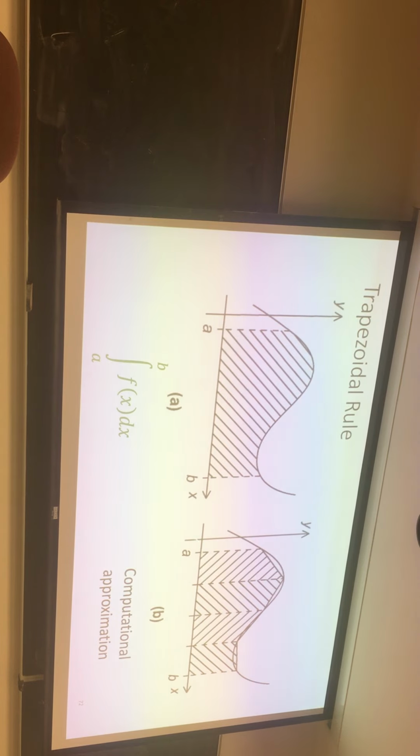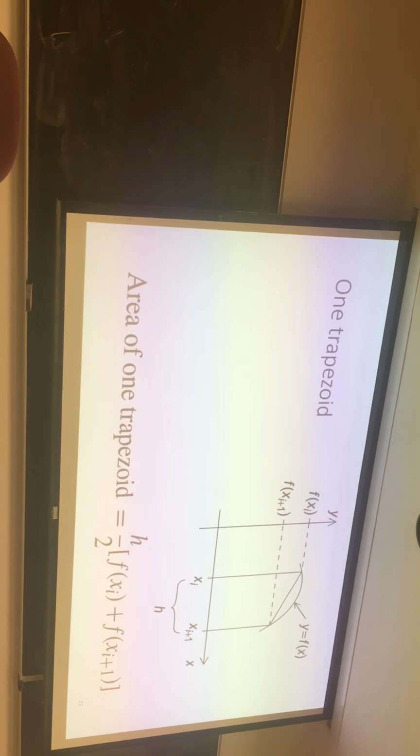Let's say you also want to integrate from A to B here. Then you just divide this interval into many small sections. Let's say we look at the first section. This endpoint is here. You draw a vertical line here, then it hits this point on the function. Then you can draw a trapezoid in here, and you can calculate this trapezoid area by using a simple formula like this.